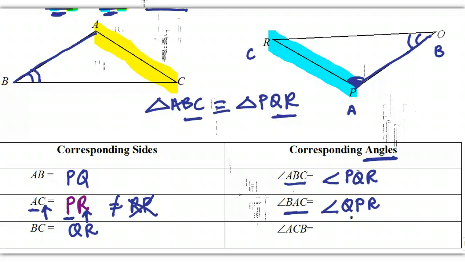Angle ACB. This angle here, ACB. It will correspond to angle PRQ. Okay, note that all the time you see that A will always correspond to P, B will correspond to Q, C will correspond to R. So the order is actually very important.